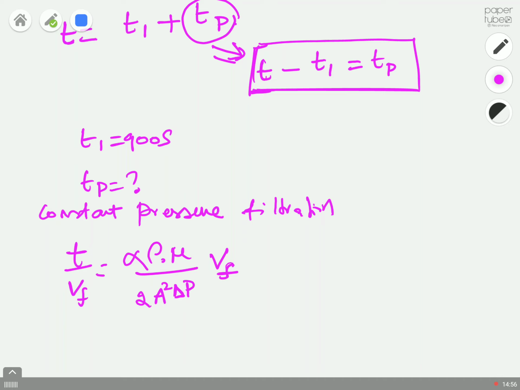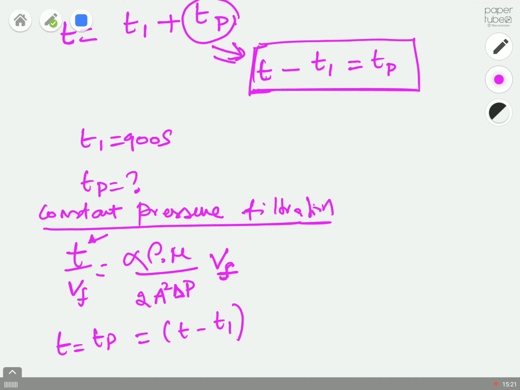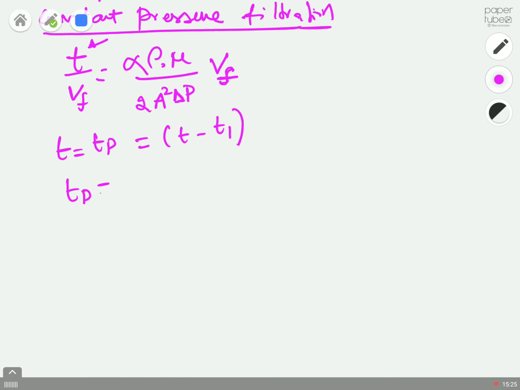So we need to calculate this time factor, and we know that we are operating the filtration unit at constant pressure. So T is equal to Tp, which is equal to T minus T1.